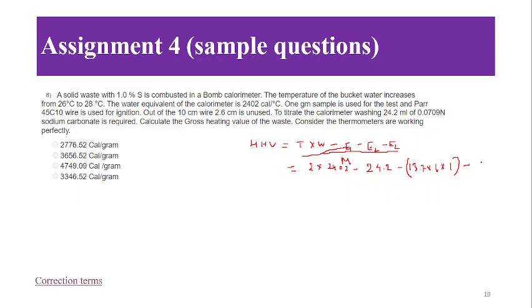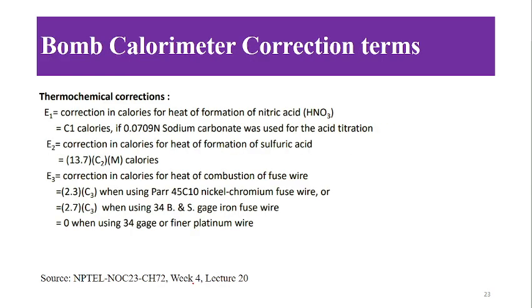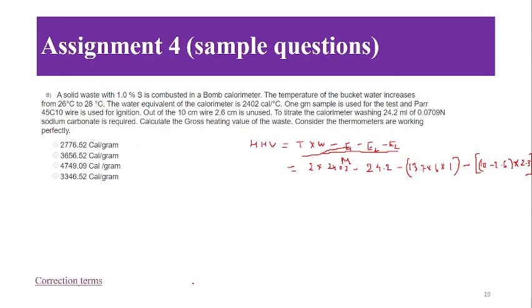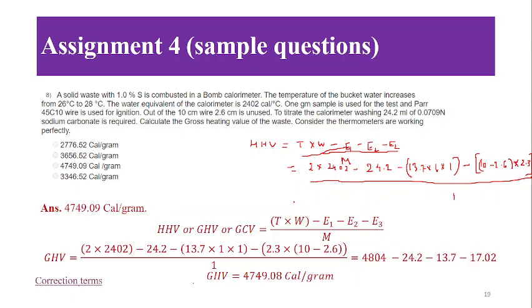So 10 minus 2.6 into, I think, 2.3 based on the material of the wire. So yes, 2.3 into C3, and the whole upon 1. So this will give us the answer. If you calculate it, it will give us the answer as 4749.09 calories per gram. And this is the calculation given here.